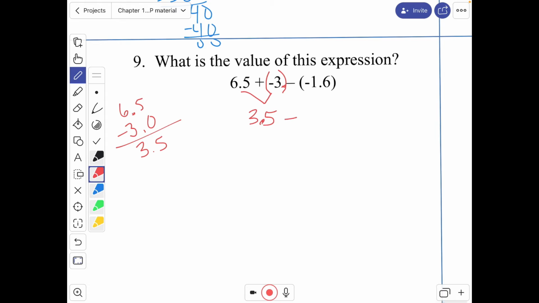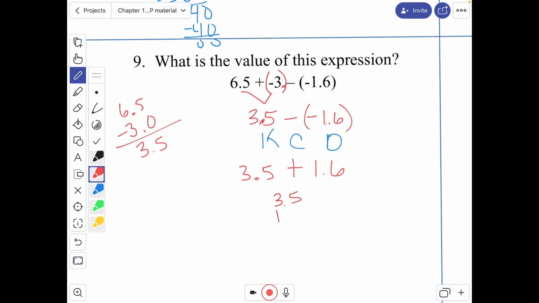And then we have minus negative 1.6. We need to do keep, change, opposite. Every time there's subtraction, we do keep, change, opposite. So we keep the 3.5, change that to plus, and the opposite of negative 1.6 is positive 1.6.